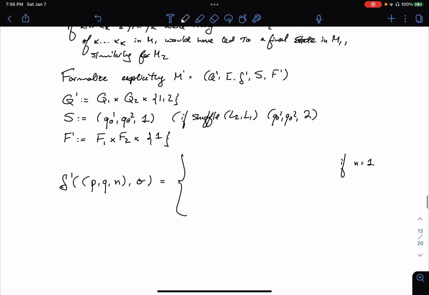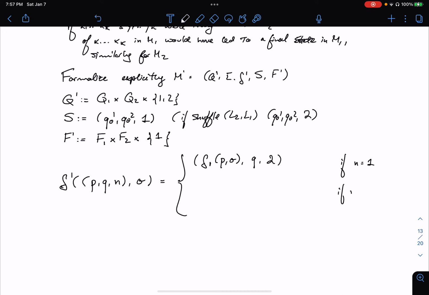So then that's what I'm going to write for the first element of the tuple. I'm going to simulate reading the letter sigma in my machine M1. So from the state P, I'm going to read sigma, okay? Then the state in the machine M2 is going to stay the same. Now all I'm going to do is flip to simulating in the machine M2, okay? Right, and so that's if N is equal to 1.